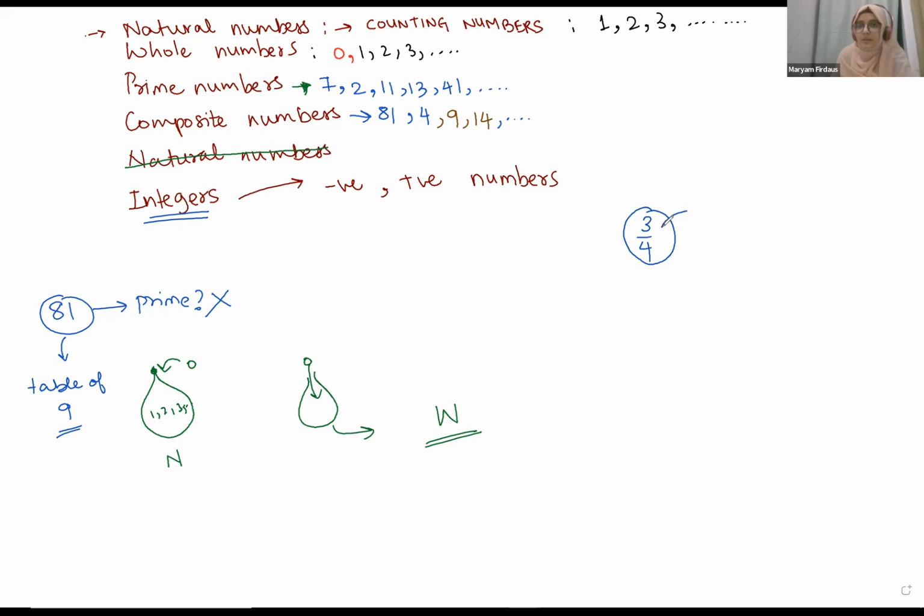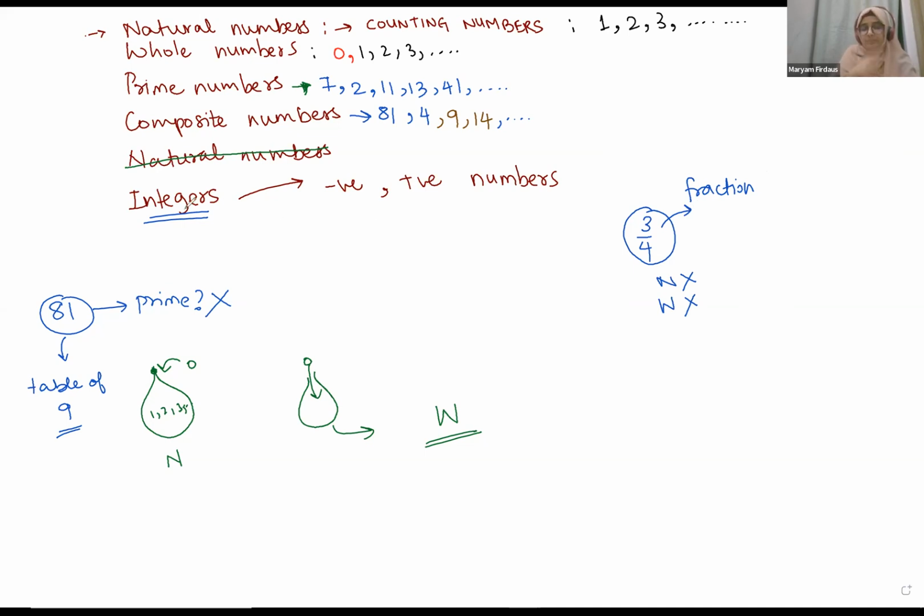It's a proper fraction. So we can say in general that it is a fraction, right? So it's not a natural number, and not a whole number. Okay, so it's a fraction.